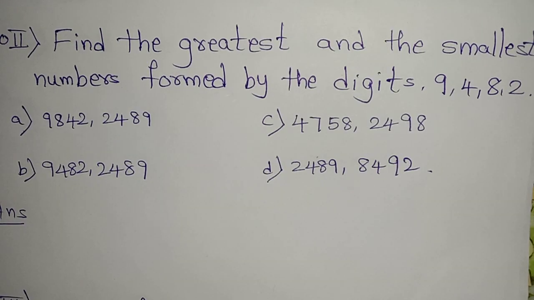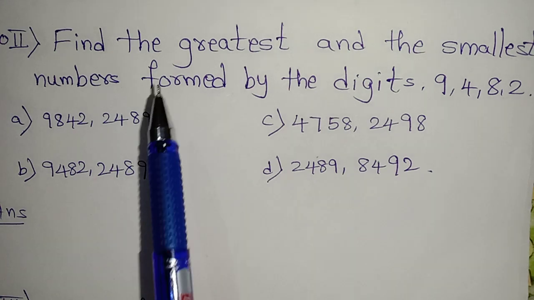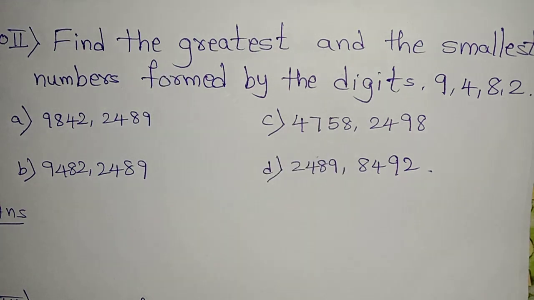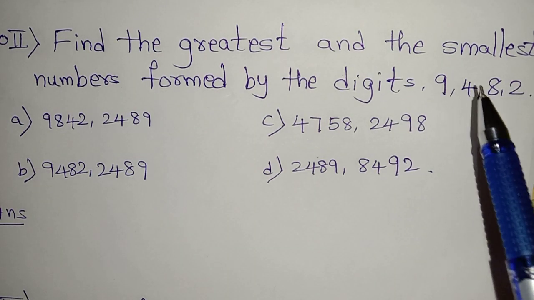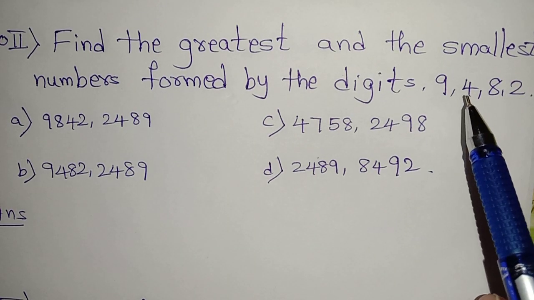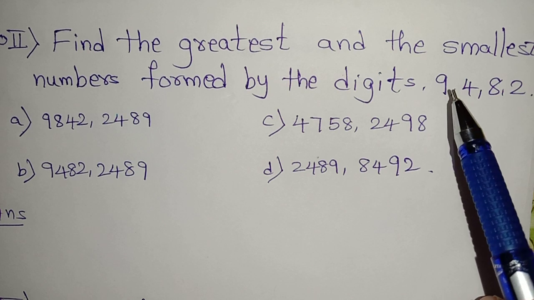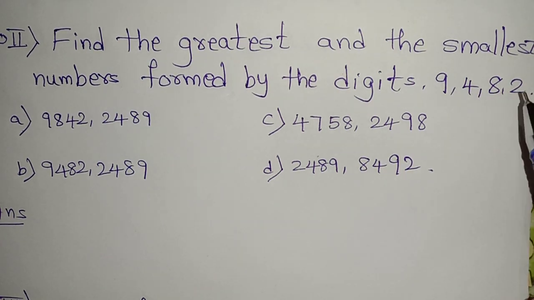You can see here question number 2. Find the greatest and the smallest numbers formed by the digits 9, 4, 8, 2. So here in the second question, they have given 4 digits: 9, 4, 8, 2.